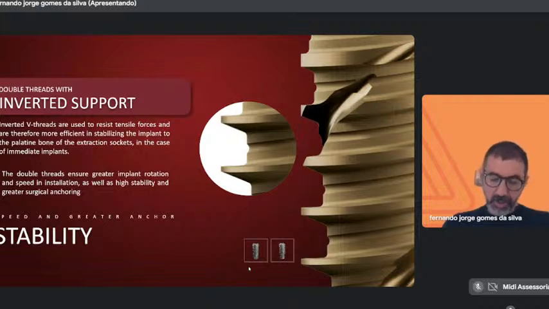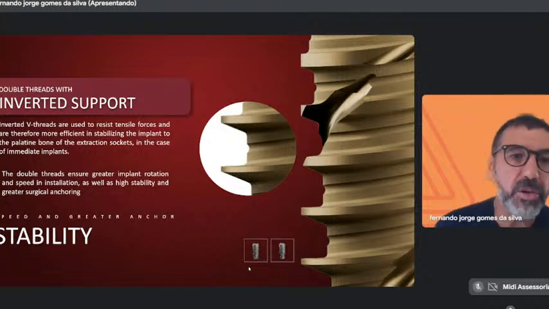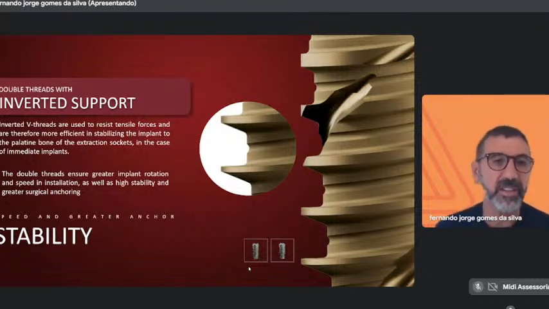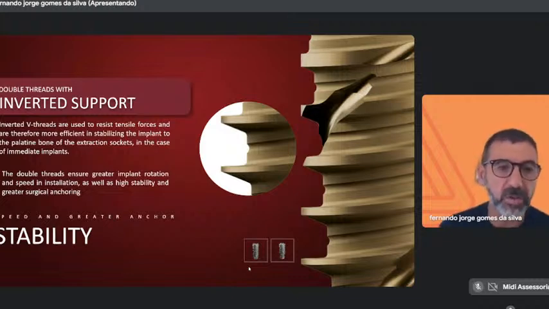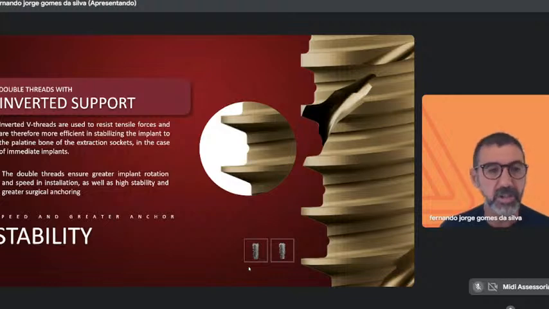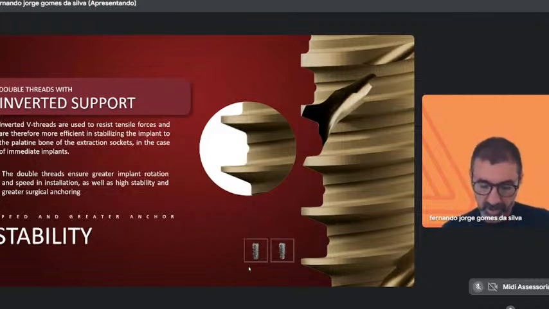The double threads with inverted support are used to resist tensile forces and therefore are more efficient in anchoring the implant to the palatine bone of the extraction sockets in the case of immediate implants. And the double threads also ensure greater implant rotation and speed in installation, as well as high stability and greater surgical accuracy.